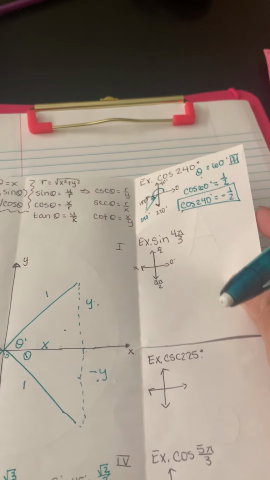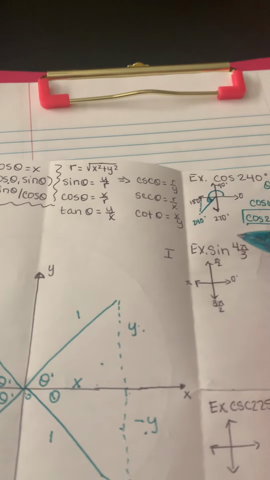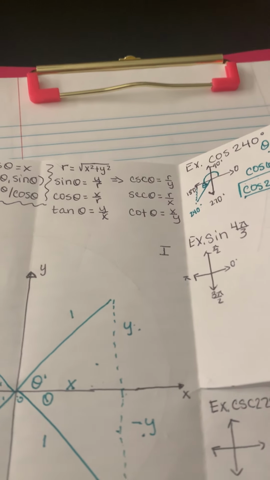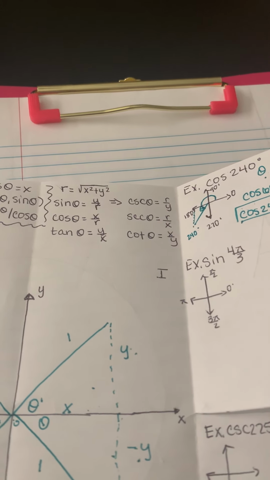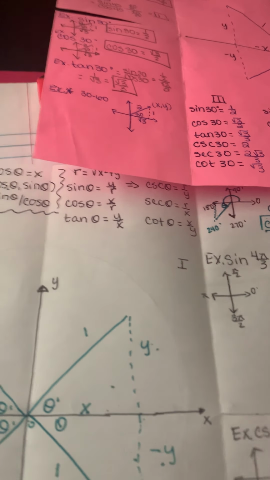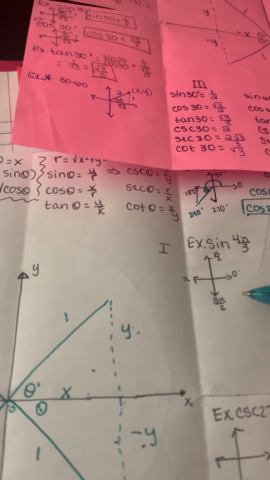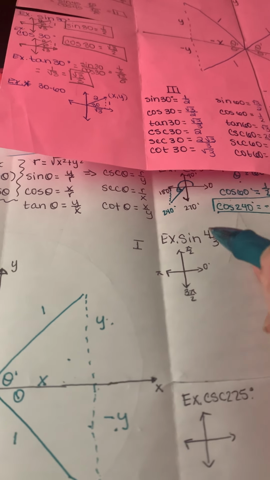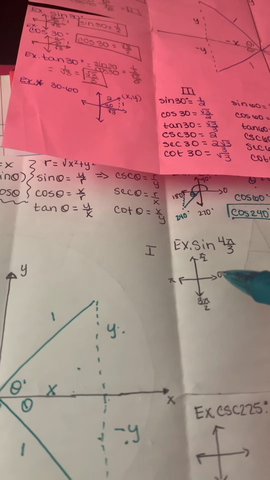All right, we're almost done with our foldable. You have the sine of 4 pi over 3. When I give you the angle in radians, I need you to keep every bit of your work in radians. Okay, so you have sine 4 pi over 3.